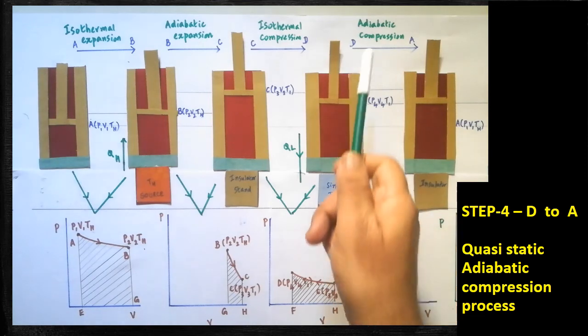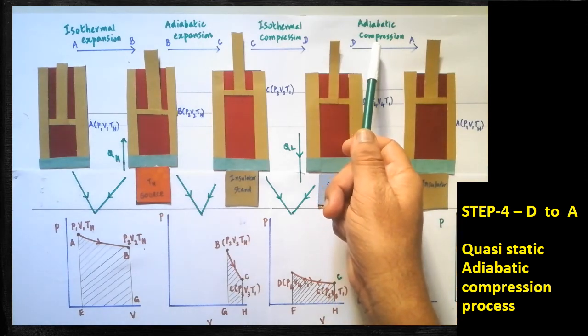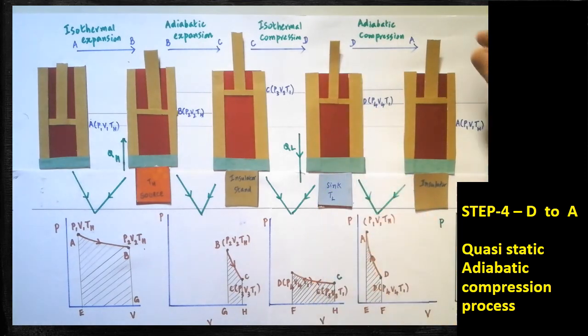Here, look at the name of the process called compression. Now what we have to do? We have to do the work on the gas. Are you clear? I am going to push the piston towards downward direction. That's why this is called compression. Now I am going to compress the working substance by pushing the piston downward.